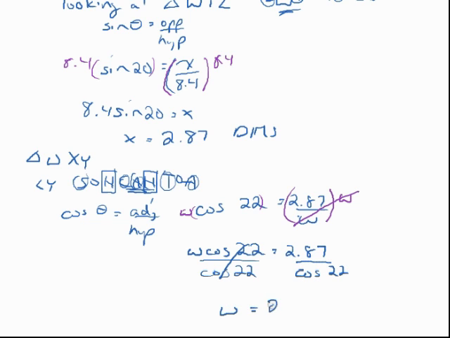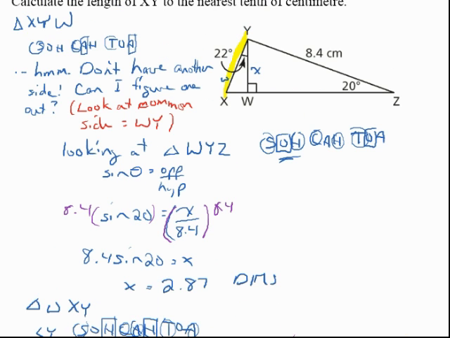W equals 2.87 divided by cos 22, which my calculator tells me is 3.098, which I'm going to round to 3.1 centimeters, because the question asked me to round it to 1 decimal place. And is that reasonable? Yeah, that's reasonable.